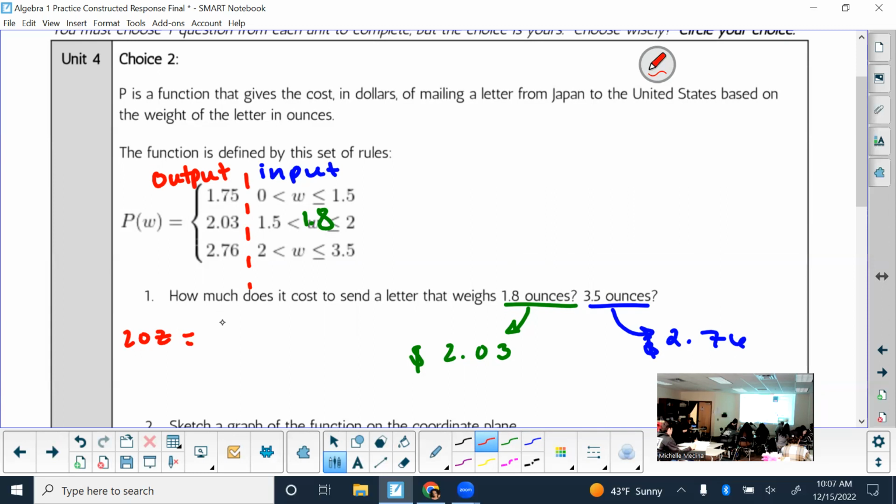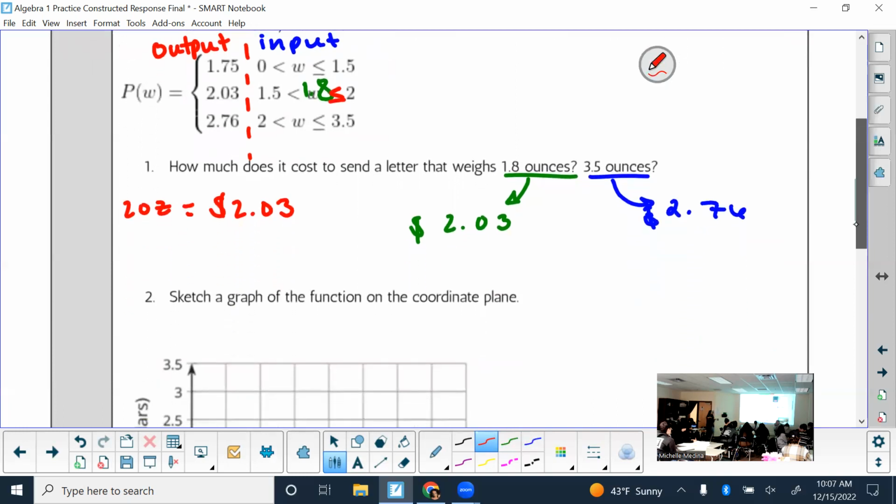You would use the one that says $2.03 because on the last one it has to be greater than 2. So one of them has an equal to part and the other one doesn't. The 2.03 has it where it can be 2 also. So that is why for a 2-ounce one exactly, it would still be $2.03, not 2.7.